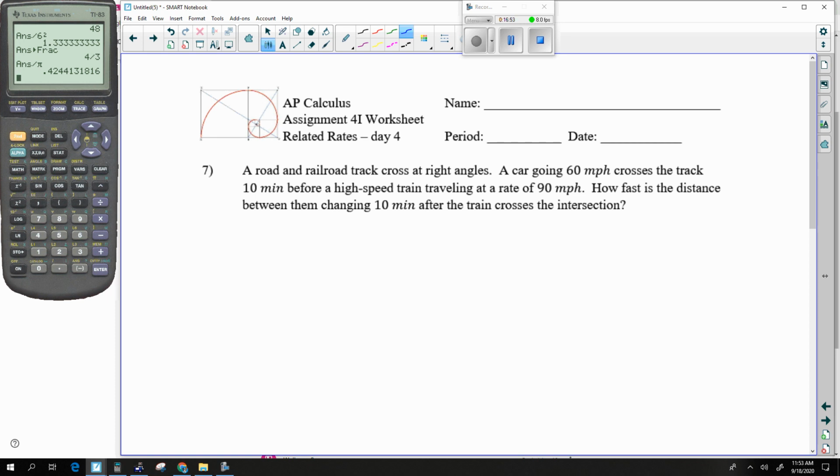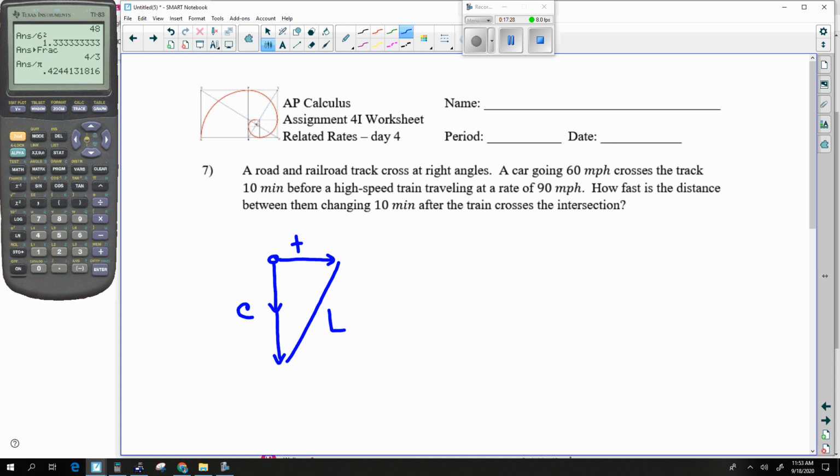So the car crosses the tracks 10 minutes before the train starts. After 10 minutes of the train, that would mean 20 minutes for the car. So this is the car, this is the train, and this is the distance between them. It's 20 minutes for the car, 10 minutes for the train, and they're going at these speeds.